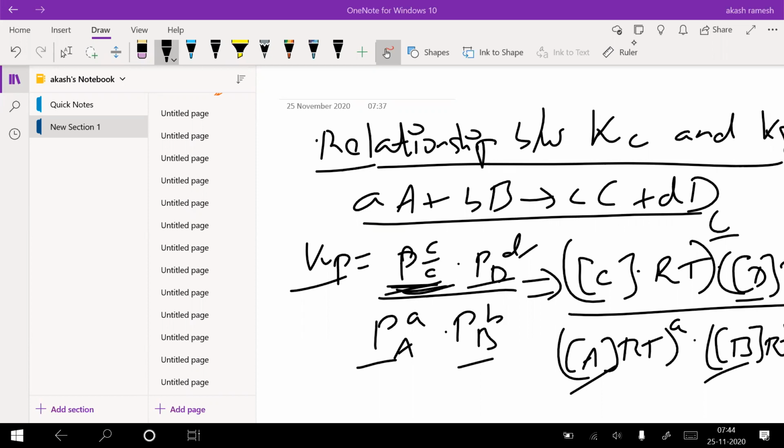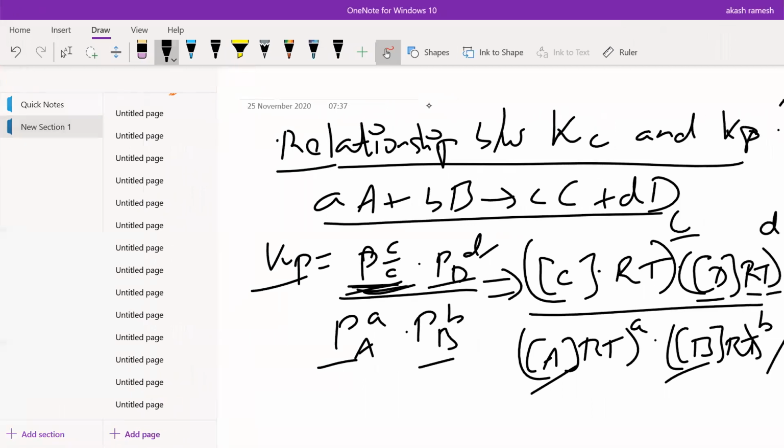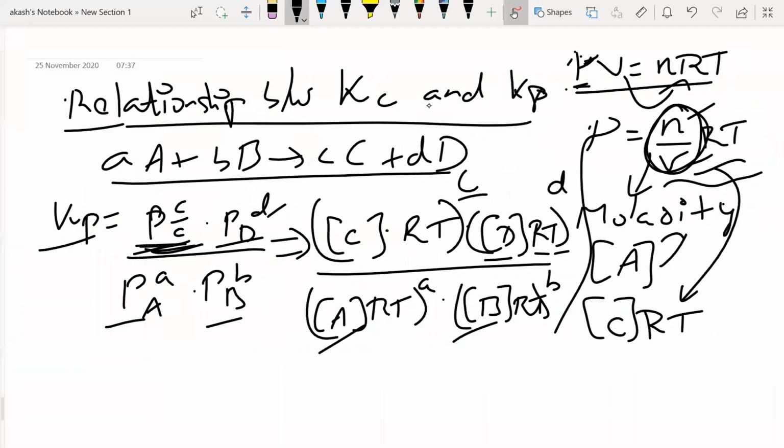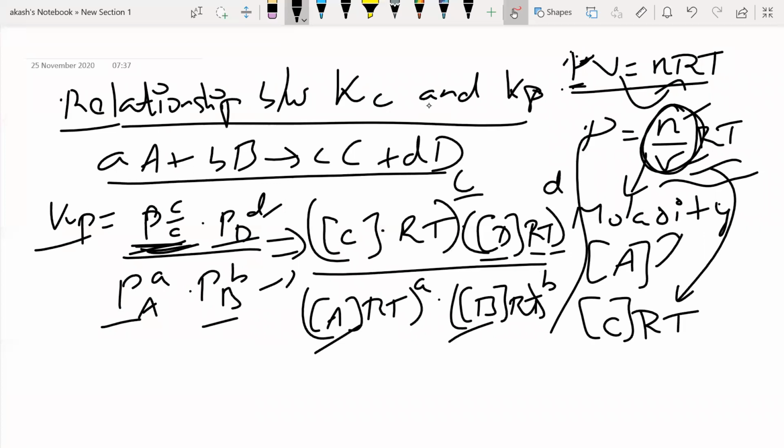Surya, Pranav, what happened? Oh, Surya said Pranav. Yes, sir. Okay, cool. So everybody understood how we ended up from here to here?